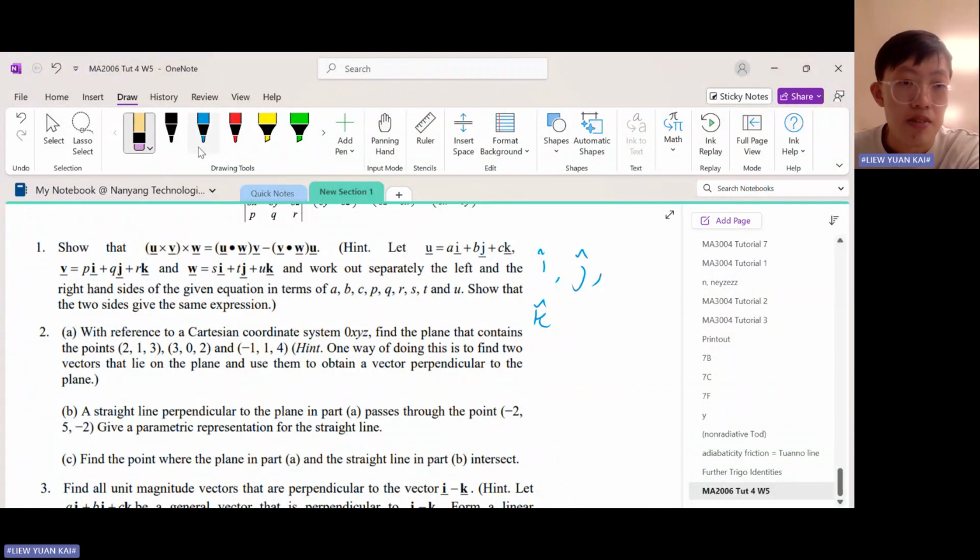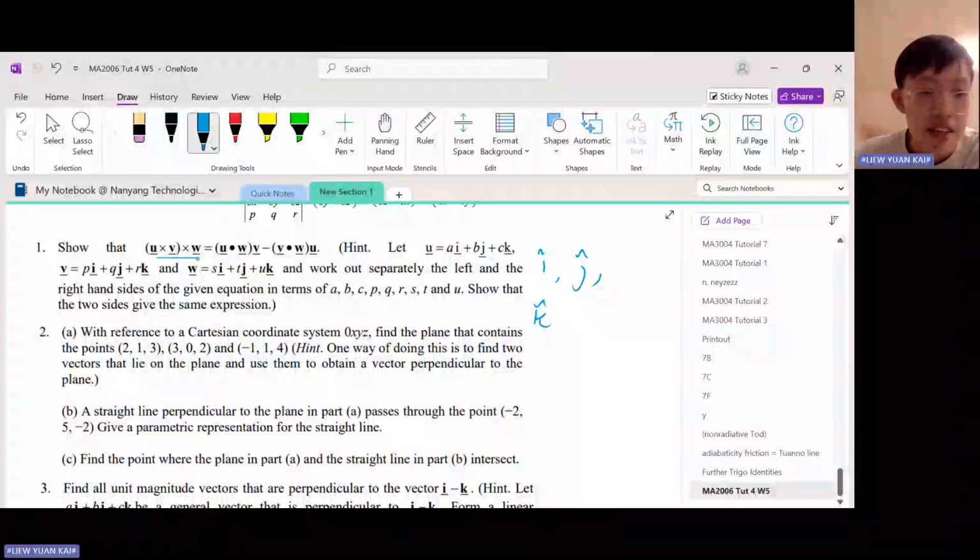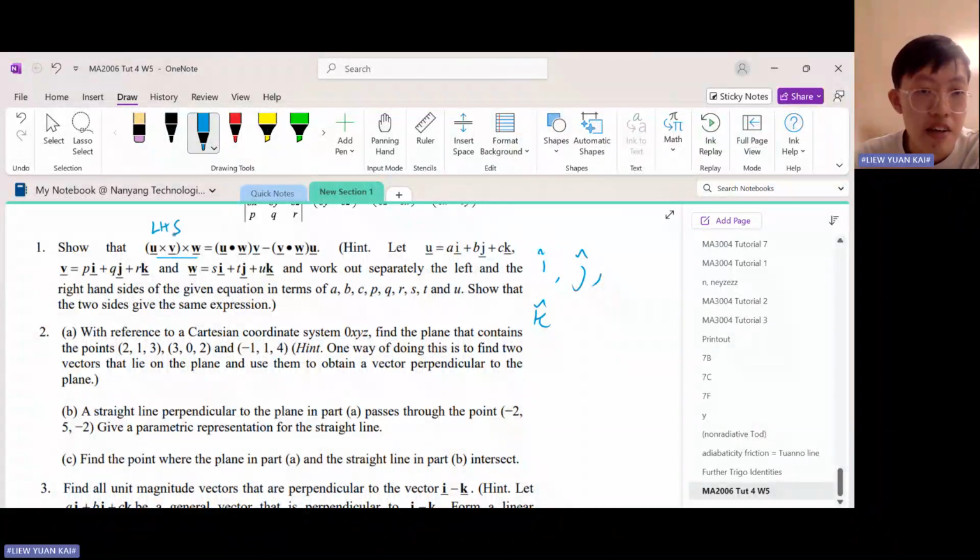So what we're supposed to do is evaluate the left hand side, evaluate the right hand side, and show that they will be equal. So let's get started.